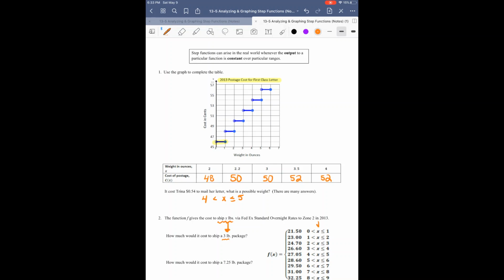So let's check our domain intervals to see where 3 falls. Okay, so I see over here that we've got less than or equal to 3. So for a 3-pound package, it would cost me $24.70.